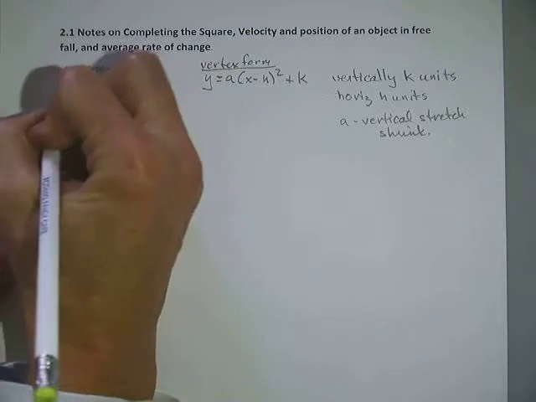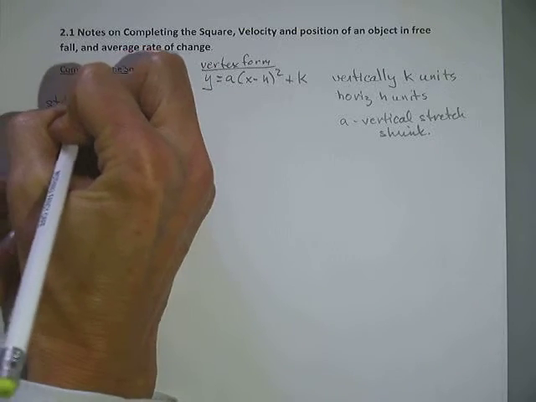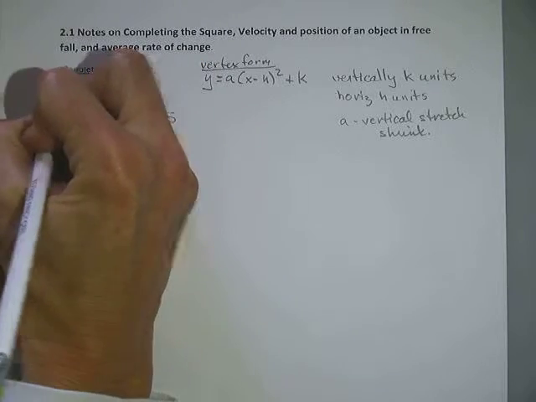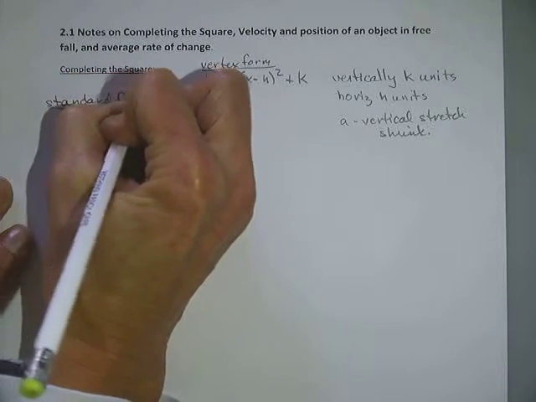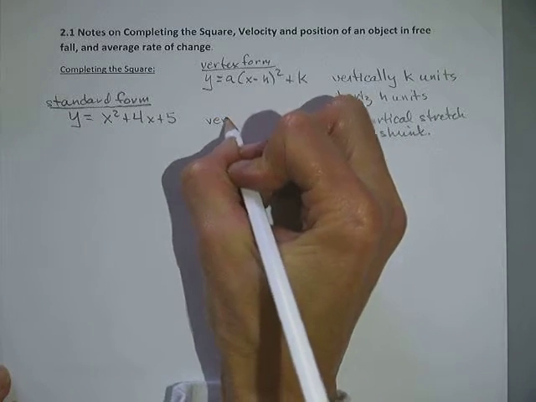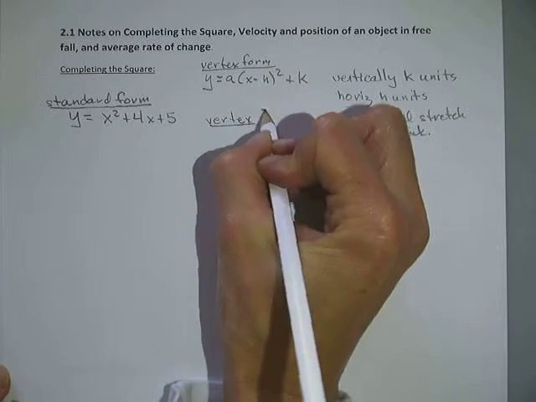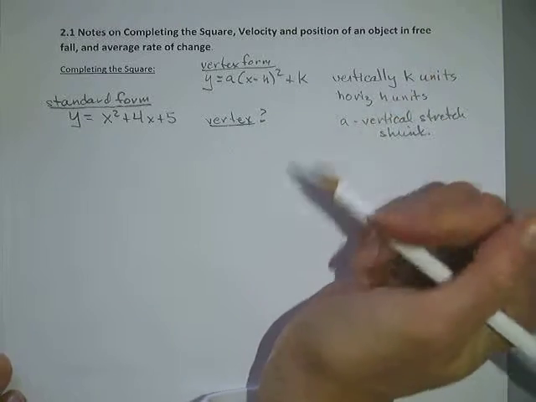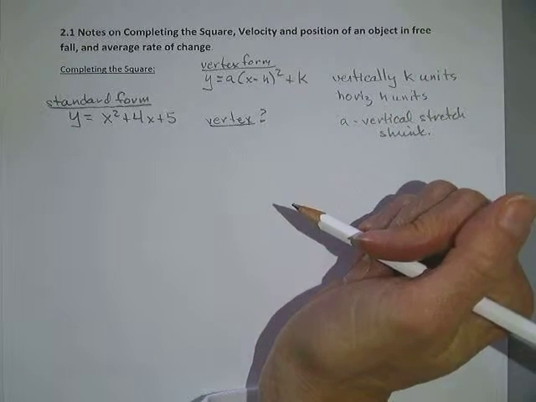Yeah, this is standard form, okay? All right. Now, when something's in standard form, do you remember how to find the vertex of it? How do you find the vertex of this?